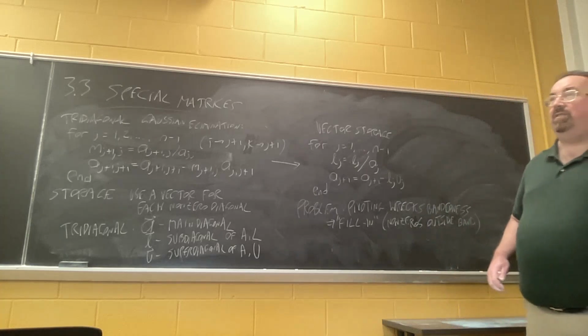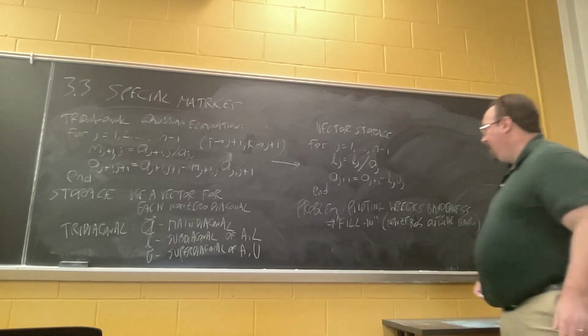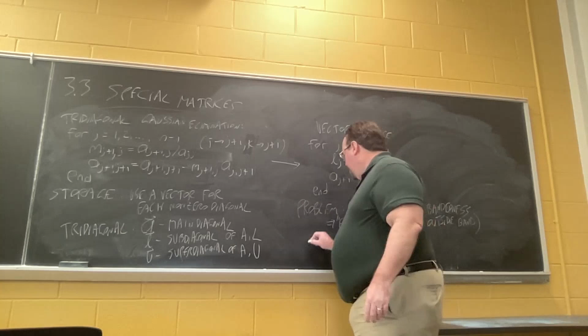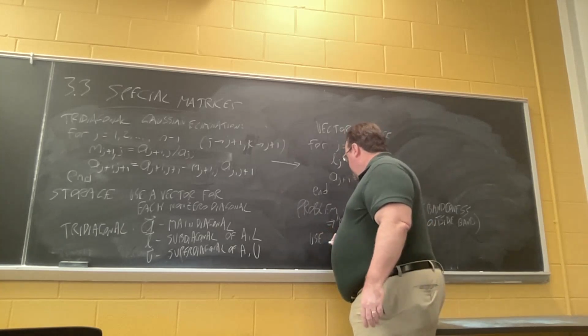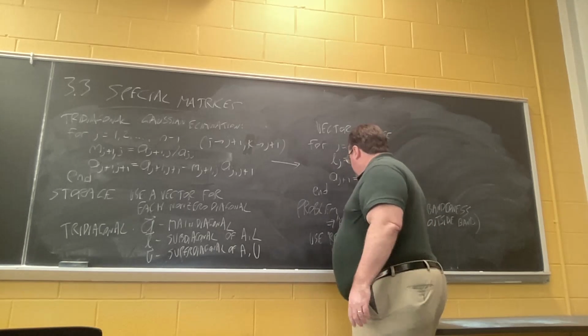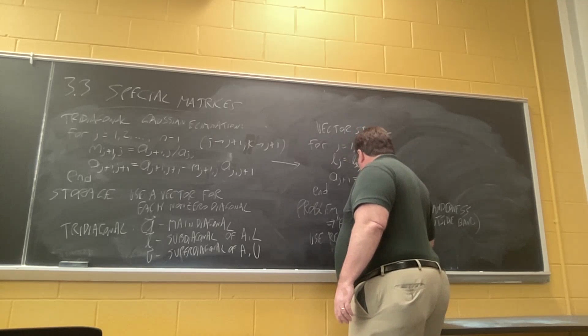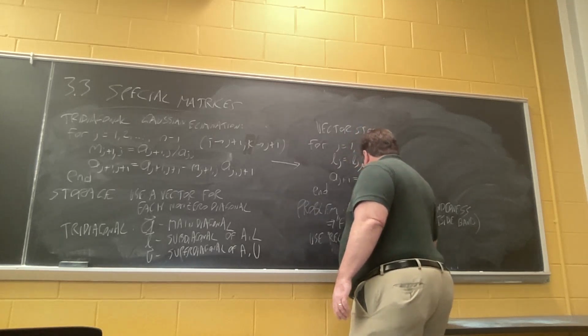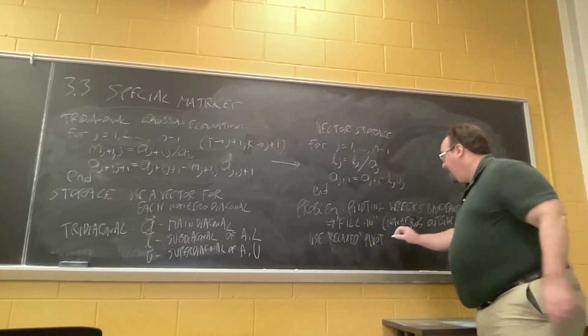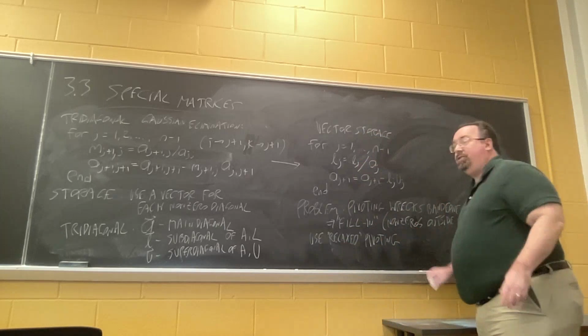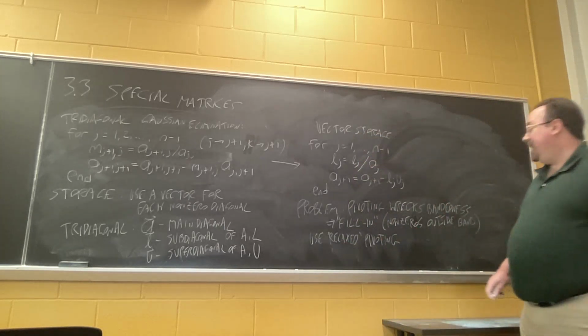Now, what you can do as a compromise is use a more relaxed pivoting scheme. What I mean by that is, in partial pivoting or complete pivoting, you're requiring that your multipliers be no larger than 1 in magnitude.